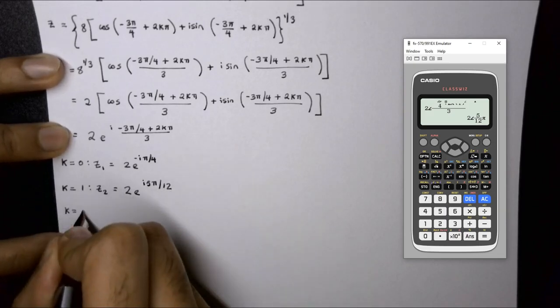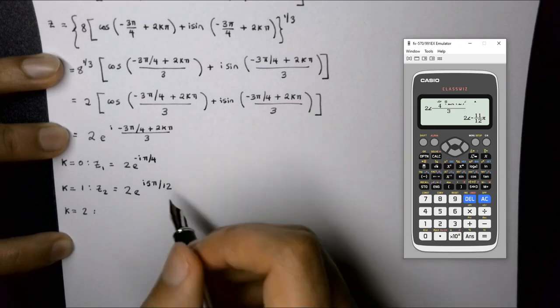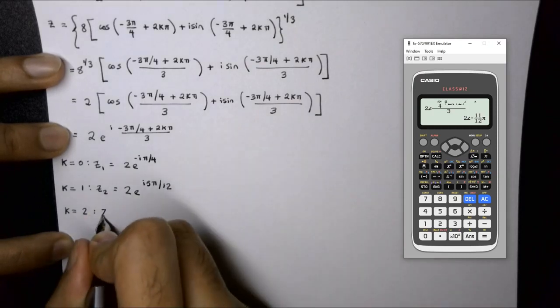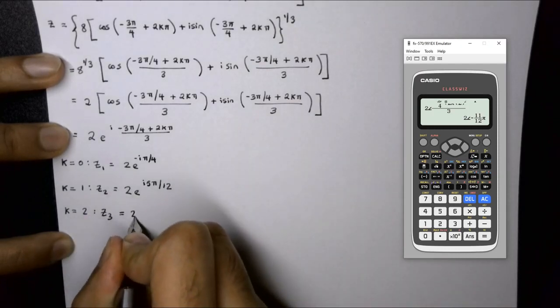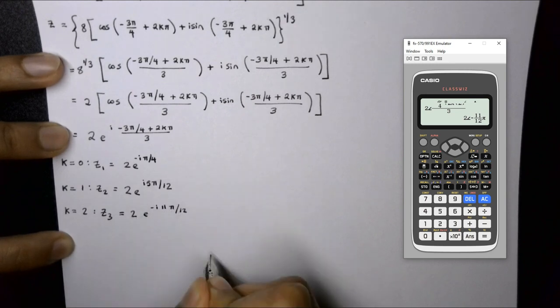And when k equals 2, let's just replace this with a 2. So it turns out we get minus 11 pi over 12 for z3 as the angle. So we get 2e to the minus i times 11 pi over 12.